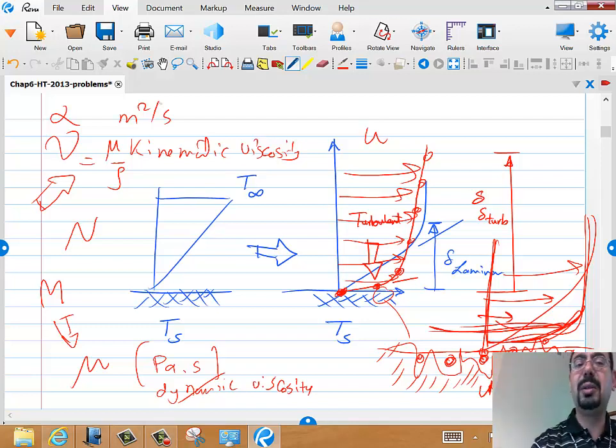So the Prandtl number, Pr, is the ratio between those two guys. And if the Prandtl number is of order 1, what does it mean? It means that the thermal diffusivity and the momentum diffusivity are of the same order of magnitude. The fluid, whether it's air or glycerine or honey or crude oil, if the Prandtl number is 1, diffuses the energy the same way it diffuses momentum.